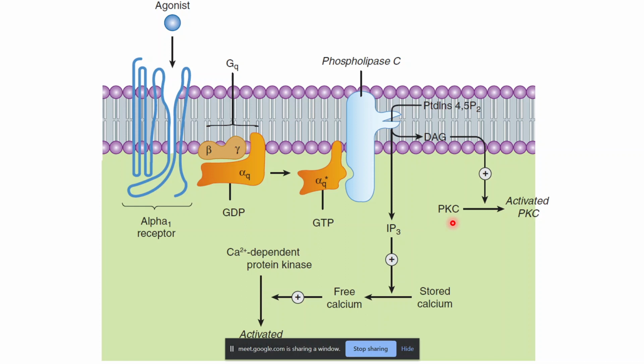In addition, alpha-1 receptors activate signal transduction pathways that were originally described for peptide growth factor receptors that activate tyrosine kinase. For example, alpha-1 receptors have been found to activate mitogen-activated protein kinases, MAP kinases, and polyphosphoinositol 3 kinase.